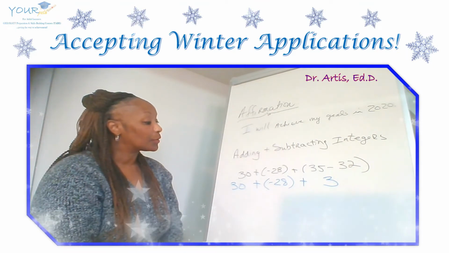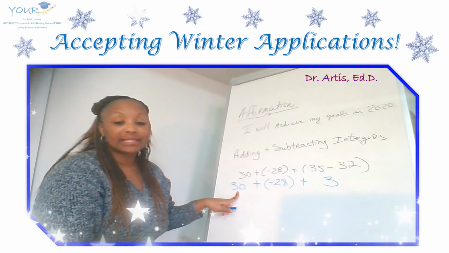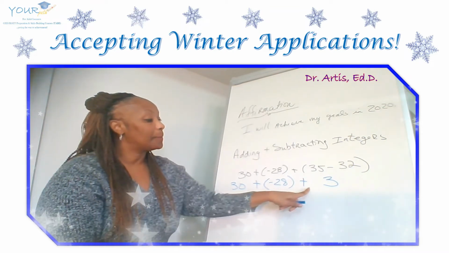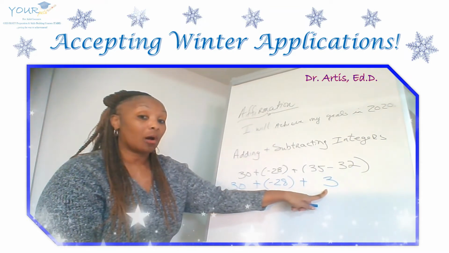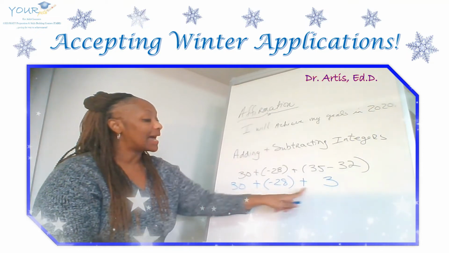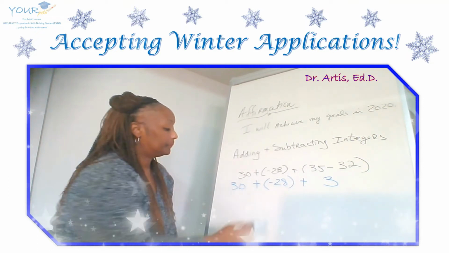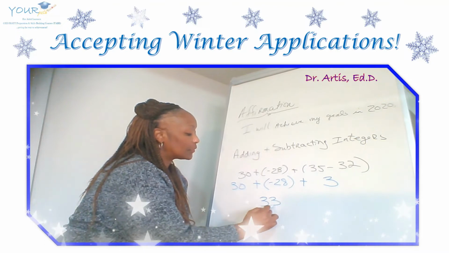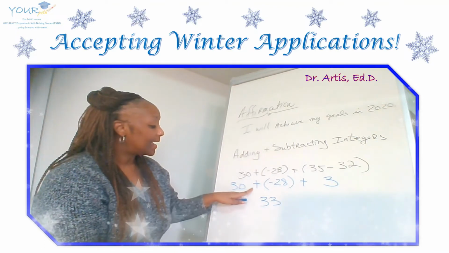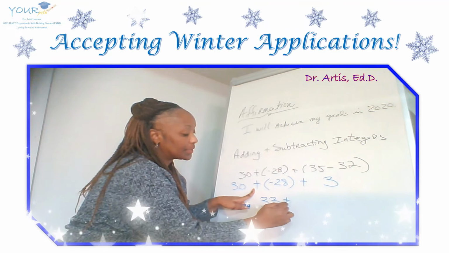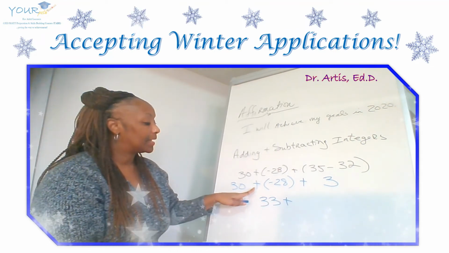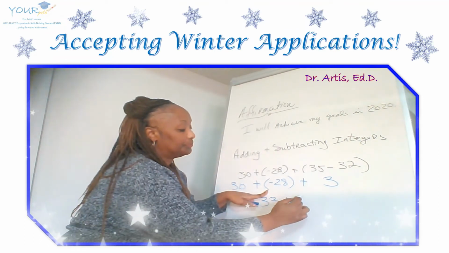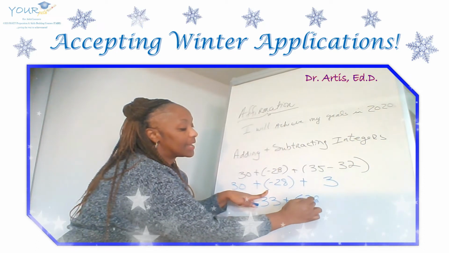The next thing we're going to do is see a positive 30 here and a positive 3 here, which are alike, and so we're going to add these two up. When we add them up, we get 33. We have this plus sign here, so we're going to add the plus, and then we're going to bring down our negative 28.